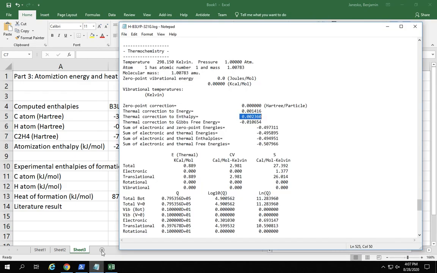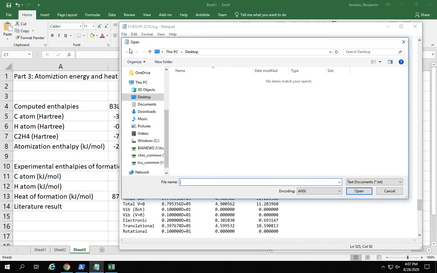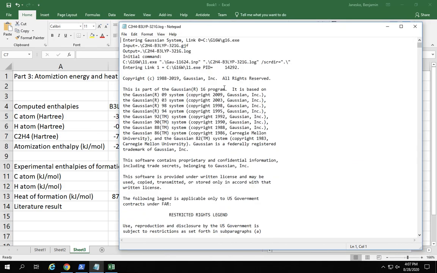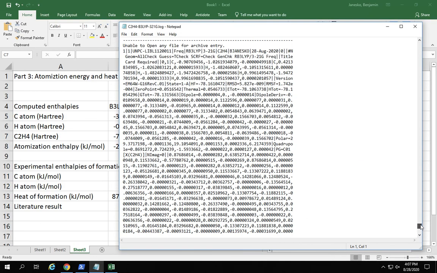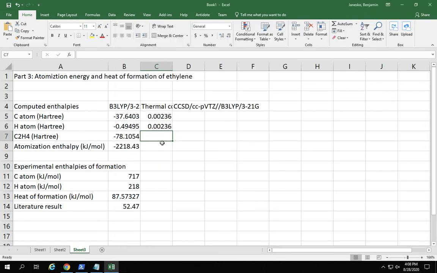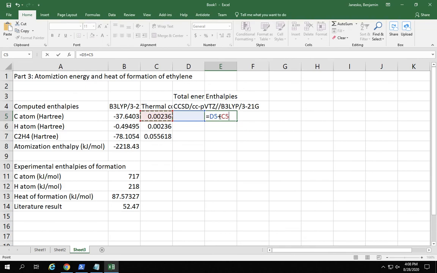And for C2H4, it's much larger. So if I get energies here at those fixed geometries, I can get enthalpies by just saying it equals this number plus that one.